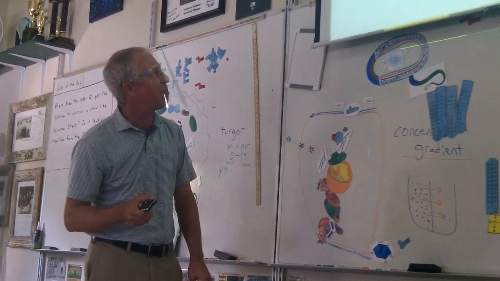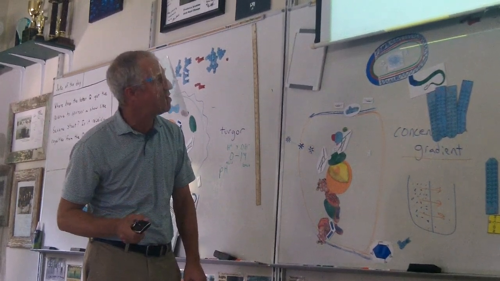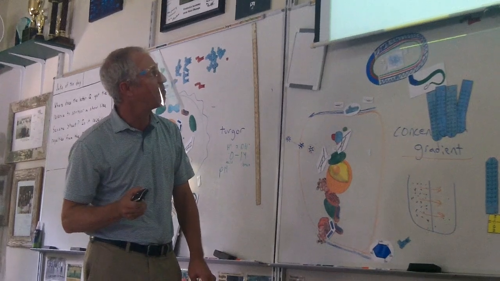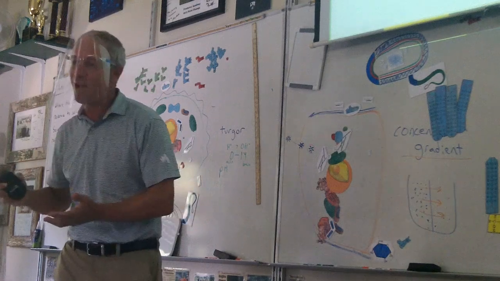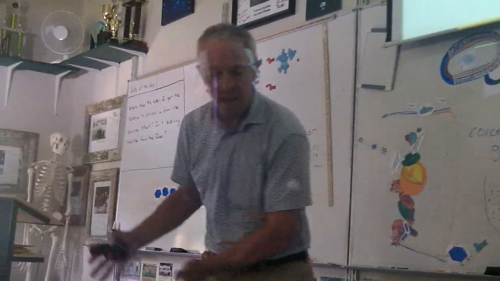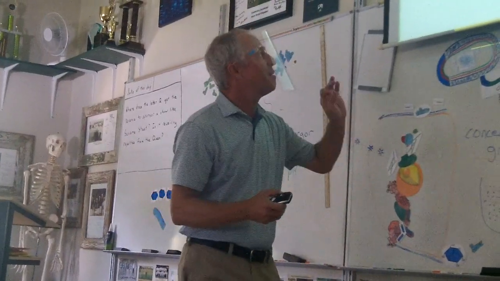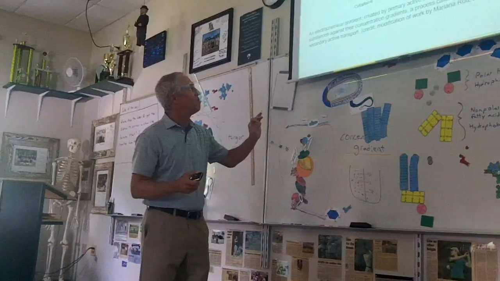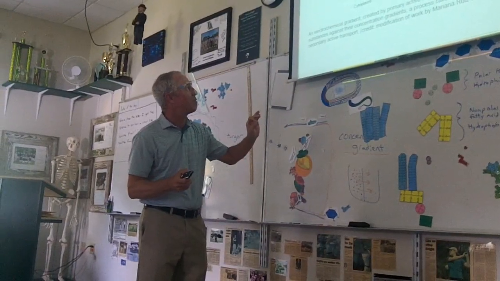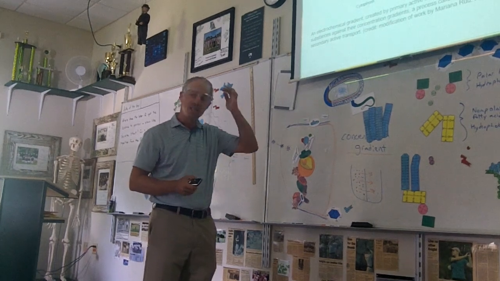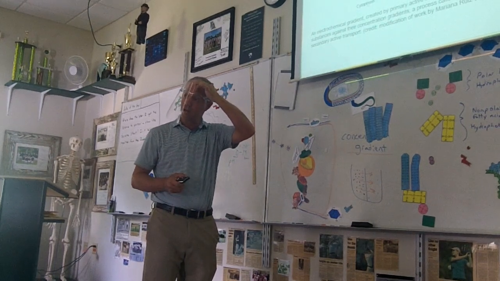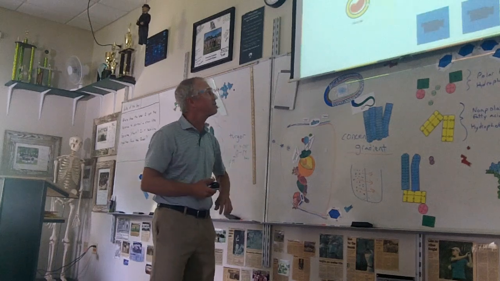And their energy of movement this way is probably enough to pull in the glucose against its concentration gradient. So that's a good cheap way, without using ATP, of pulling through the glucose. Make it use the energy of motion from these sodiums going with their concentration gradient to pull in the glucose. Isn't that clever? Clever cells.